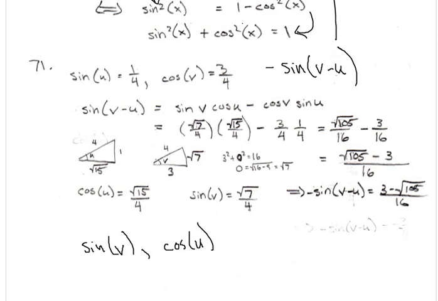So what we can do is draw the triangles in a similar way that we did before. One for our u angle and one for our v angle. If sine of u is equal to 1/4, sine is equal to opposite over hypotenuse, our hypotenuse would be 4 and our opposite side would be 1.